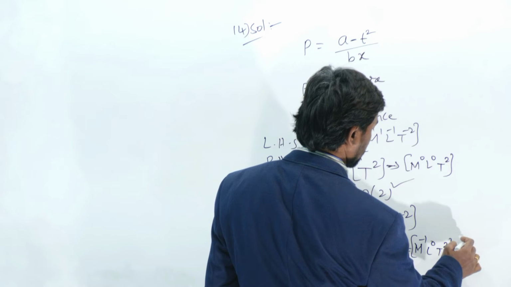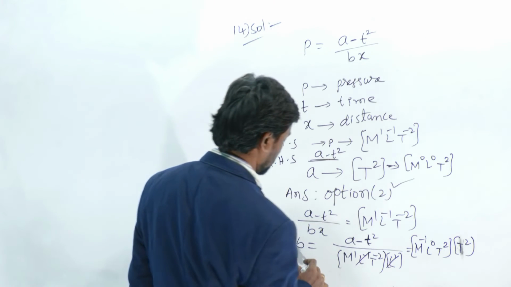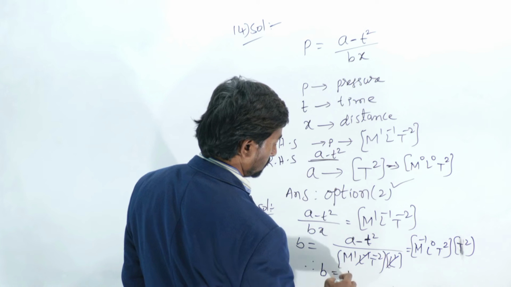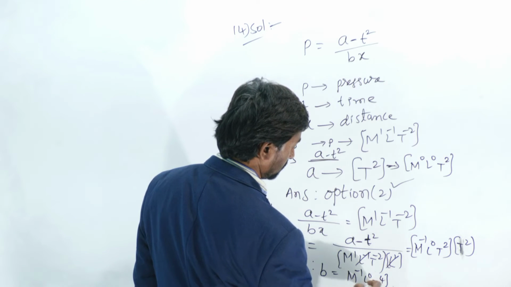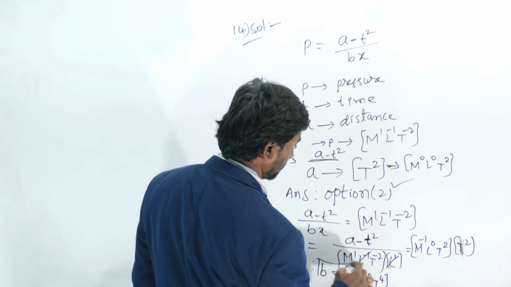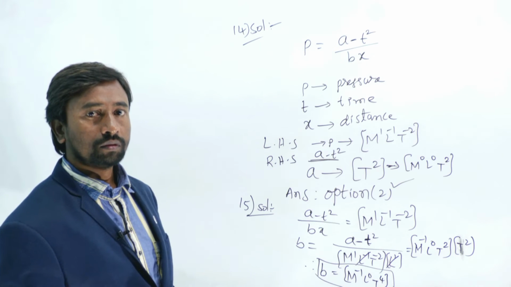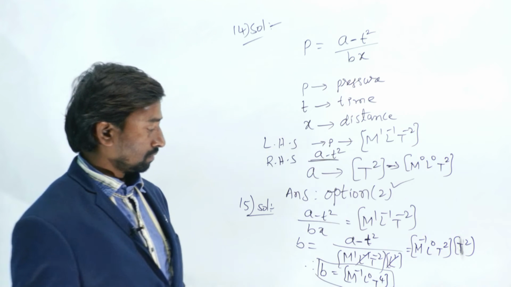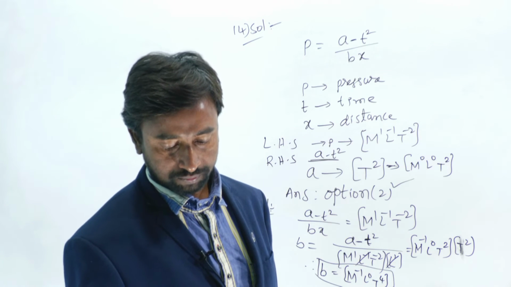So the dimensional formula of B is M power minus 1, L power 0, T power 4. This is the dimensional formula of B. So the correct option is answer 1, the first one.